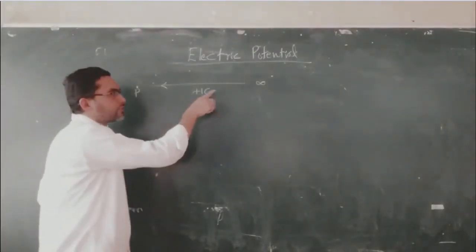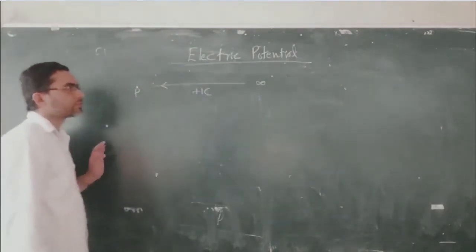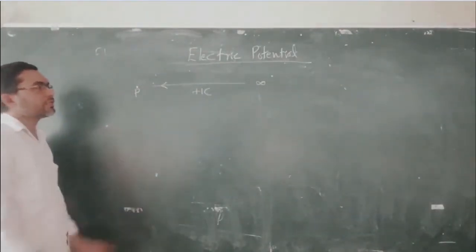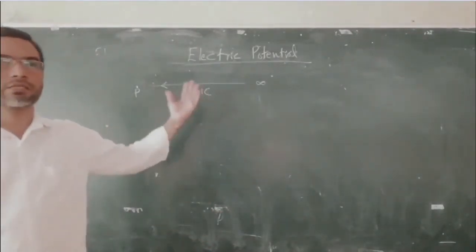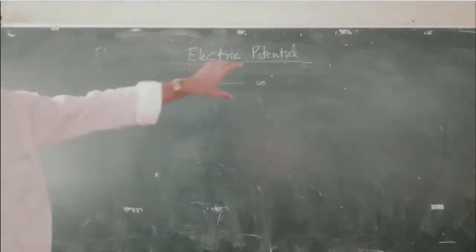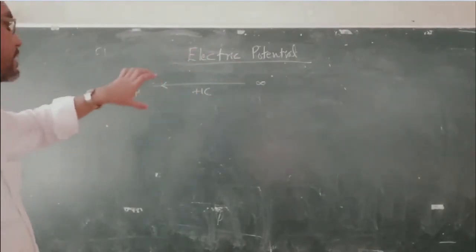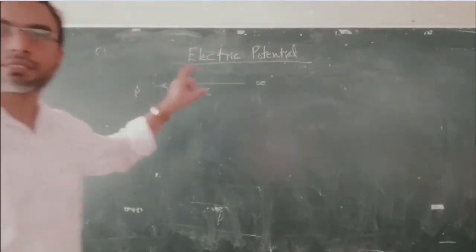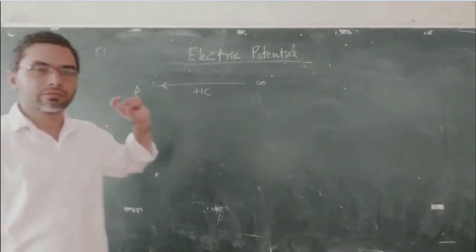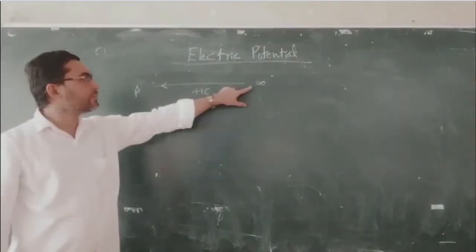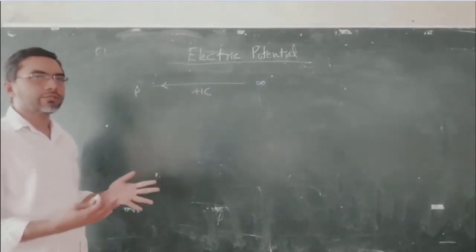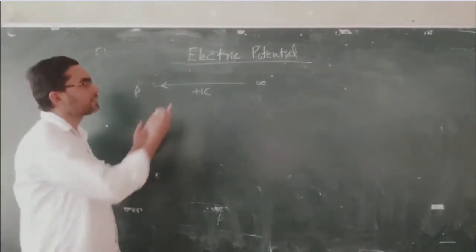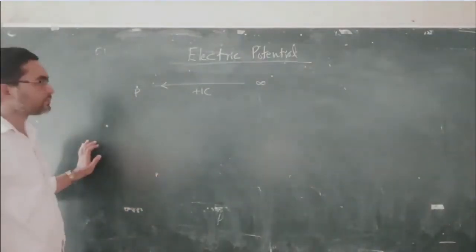If this plus 1 coulomb charge is at infinity, we can say that it is outside the electrostatic attraction of this electric field, and you are bringing that plus 1 coulomb charge, that is unit positive charge, or we can say test charge. You are moving the test charge from infinity to this point. So what is the amount of work done to bring that charge? That is called the electric potential at that point.